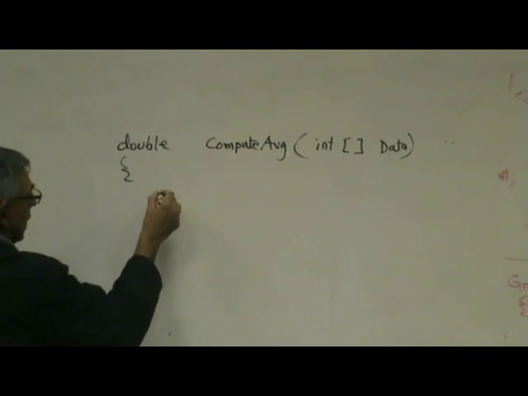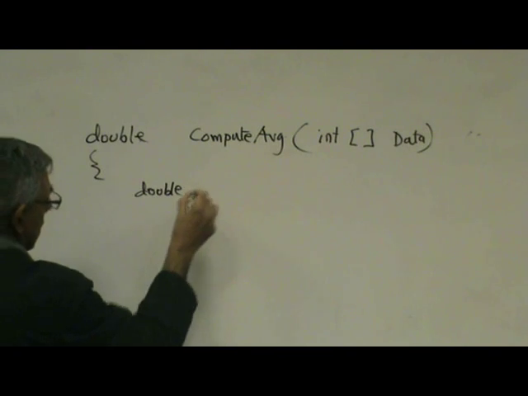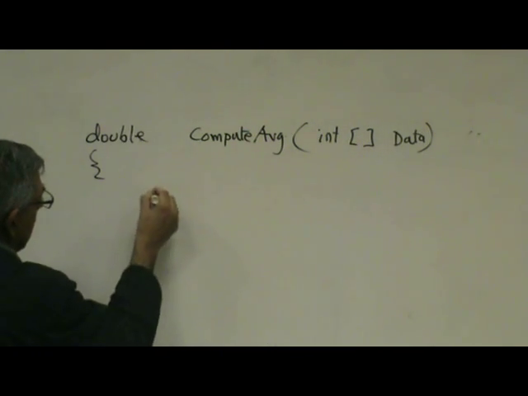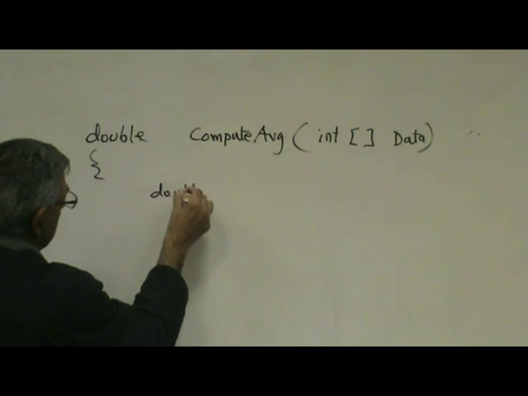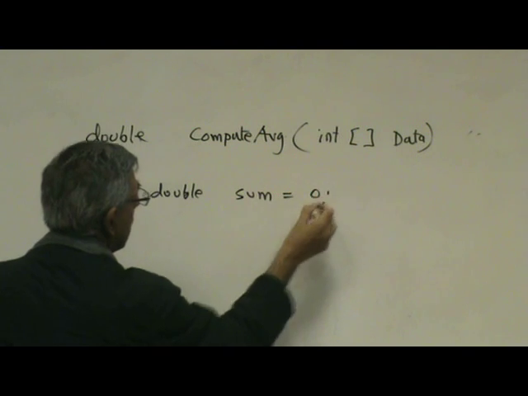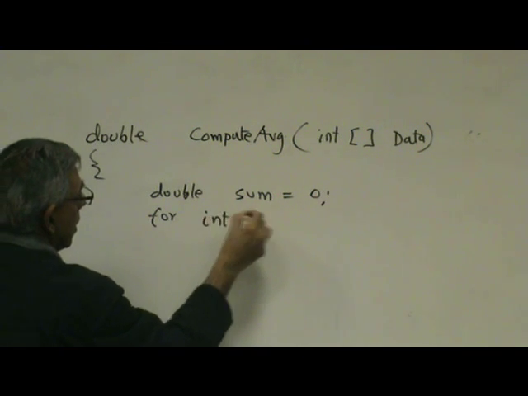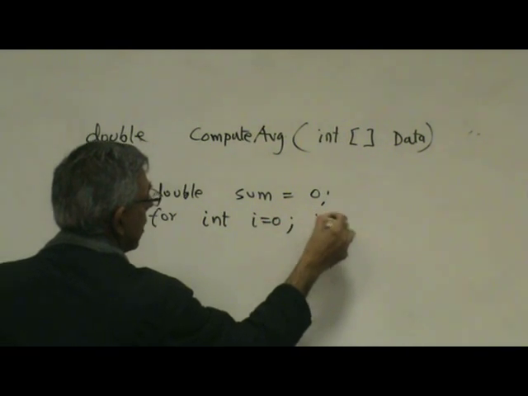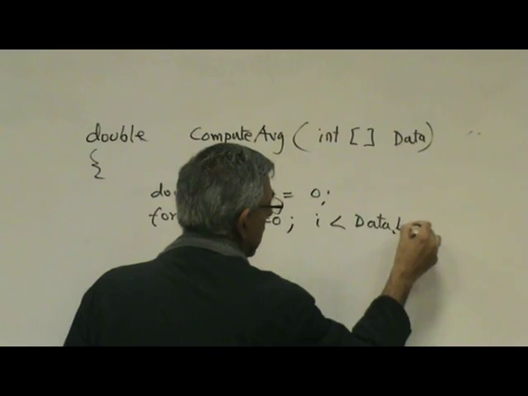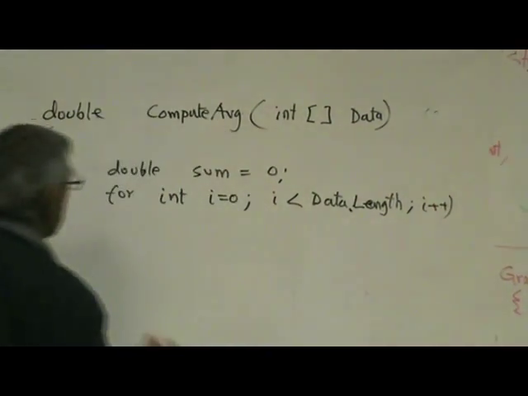So you'll do something like this. I think that should be okay. Double sum equal to 0, for int i equal to 0, i less than data.length, i plus plus, right?